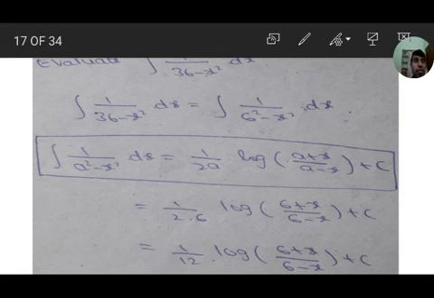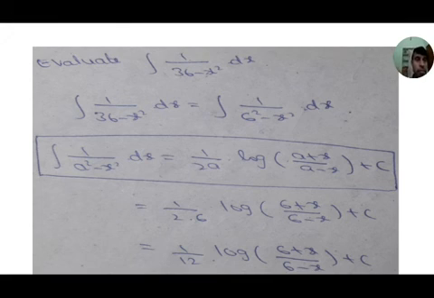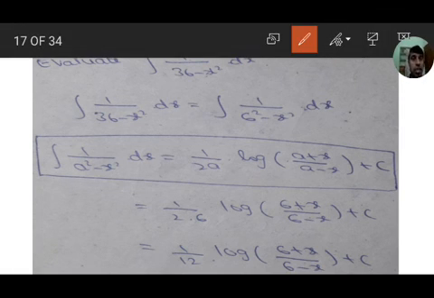Evaluate integration 1 by 36 minus x square dx. So here also direct. Integration 1 by 36 minus x square dx equals integration 1 by 6 square minus x square dx, that is 36 can be written as 6 square.